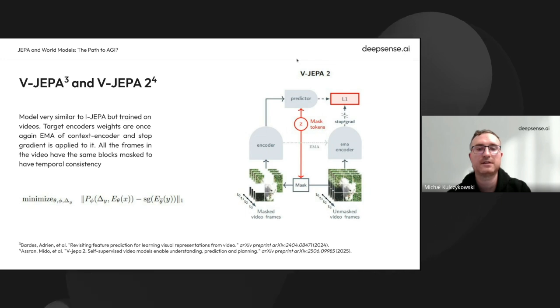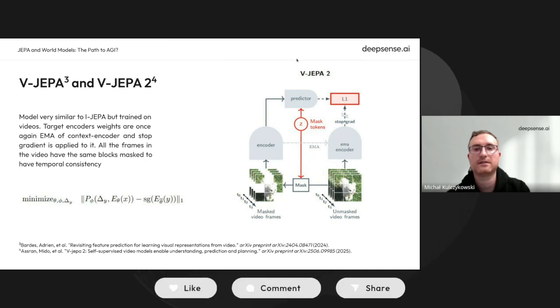This time the masking is consistent temporally to make it valid, and we again have an exponential moving average of context encoder weights as a target weight, and we also have something called stop gradient.